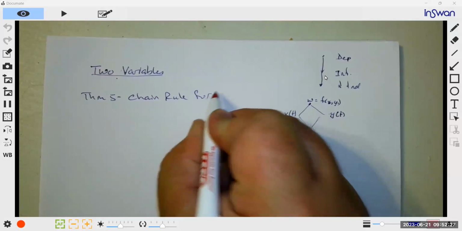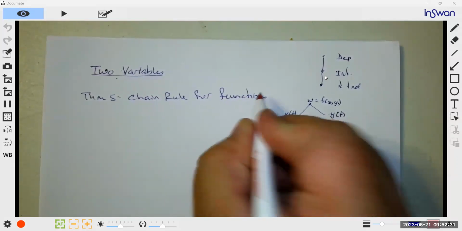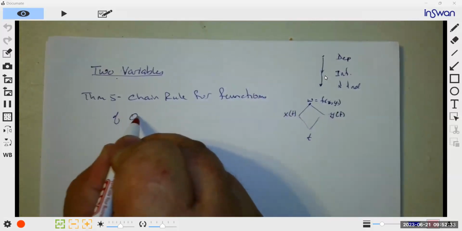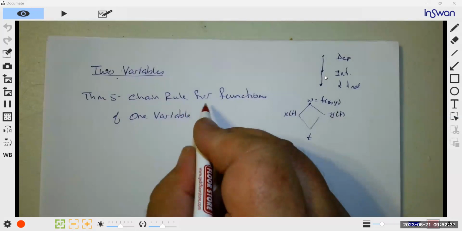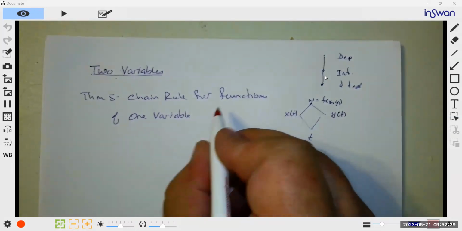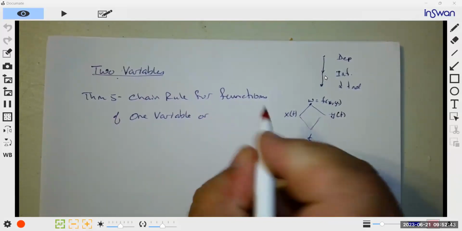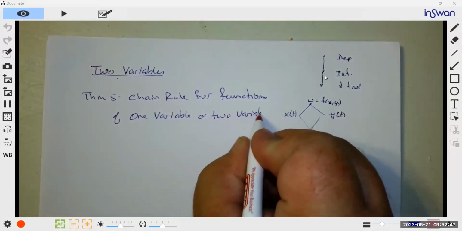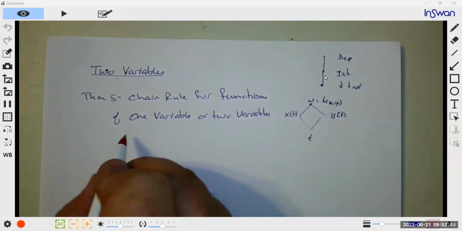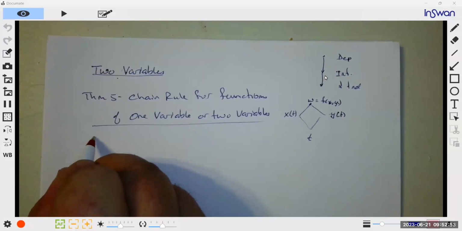The chain rule for functions of one variable, or two variables, or higher actually, is defined as this.